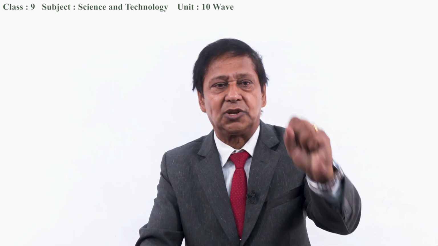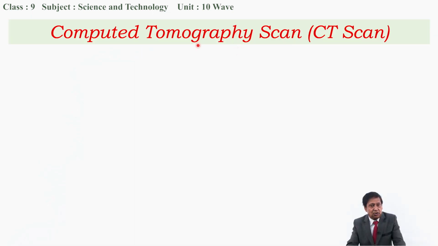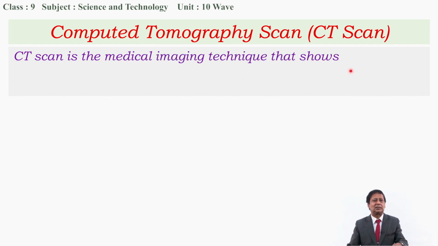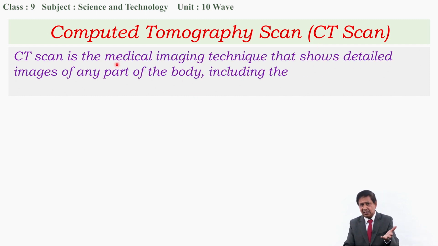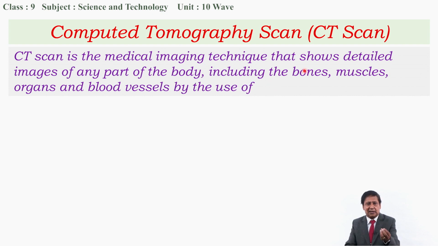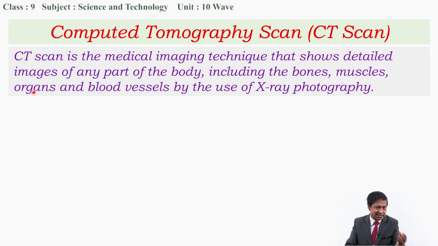Okay, now let's talk about computed tomography scan. What does it mean? We are saying CT scan. Computed tomography scan is the long form, and we used to say CT scan. What is it? CT scan is nothing more than X-ray. CT scan is the medical imaging technique that shows detailed images of any part of the body, including the bones, muscle, organ, and blood vessels, by the use of X-ray photography.